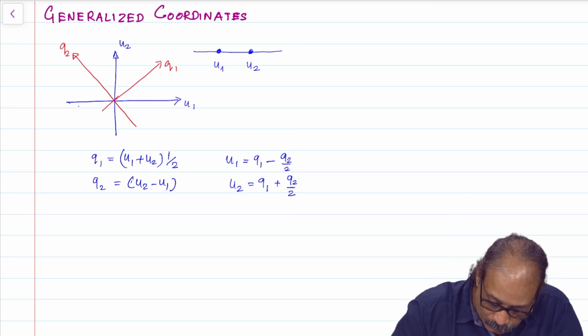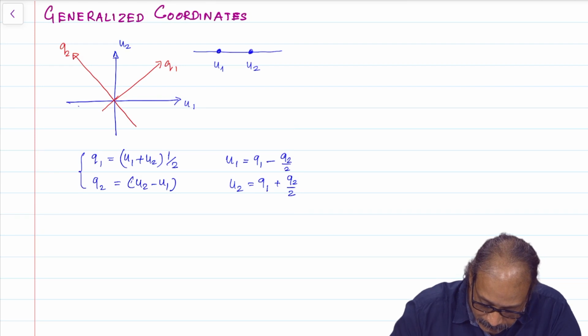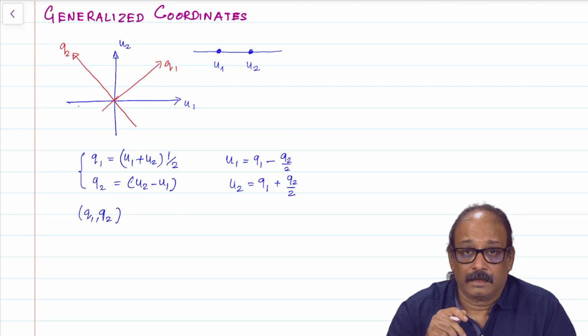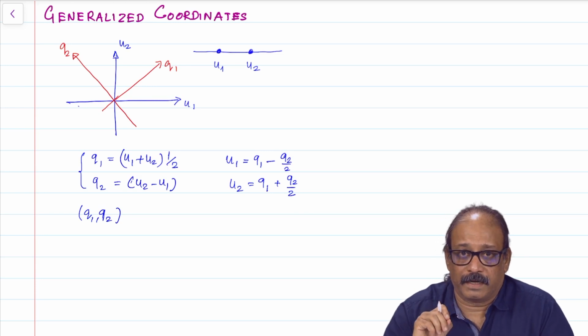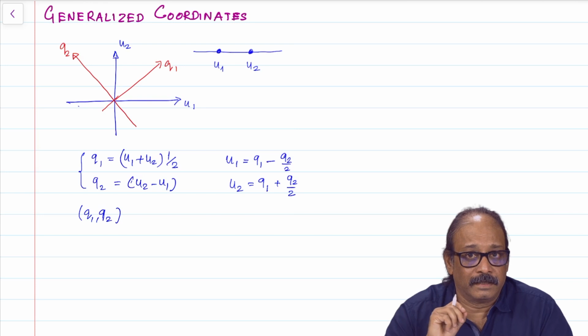But look at these two coordinates, q1 and q2. They do not refer to the coordinate of any of these particles, but of course we can interpret them.